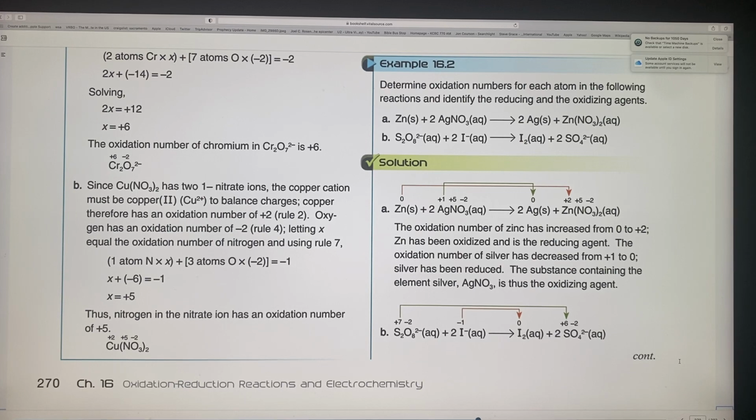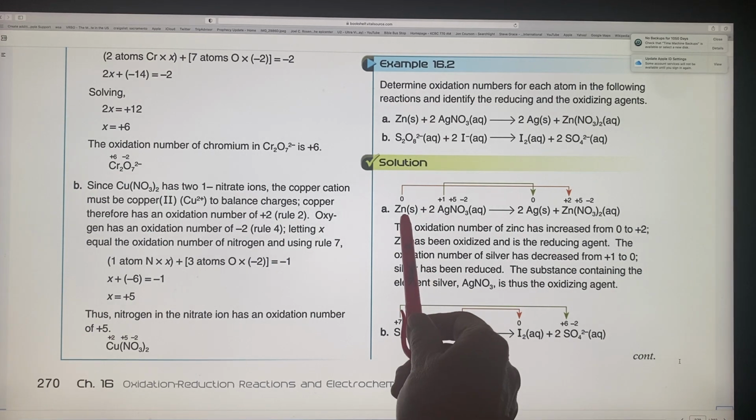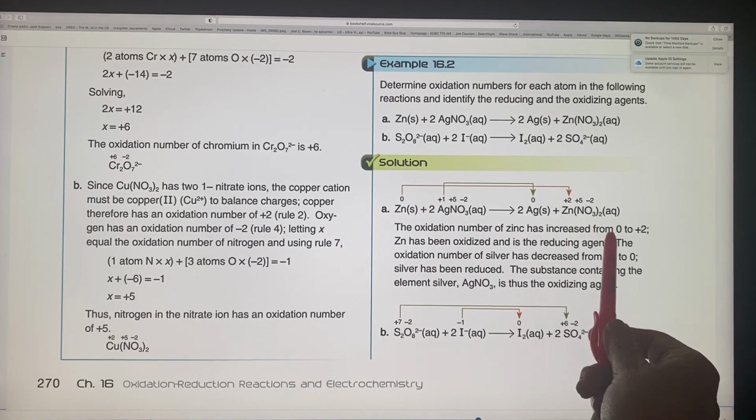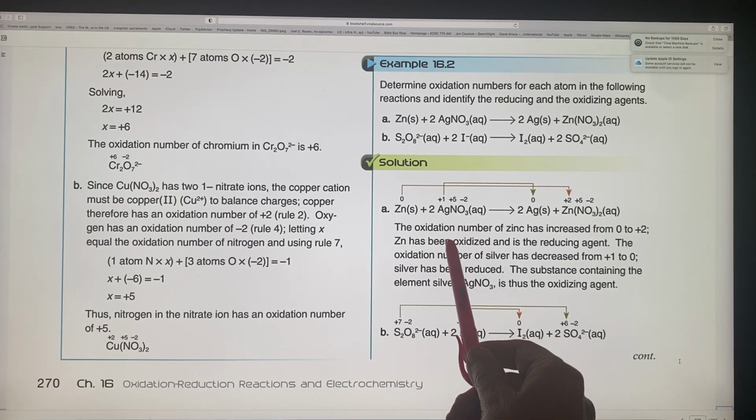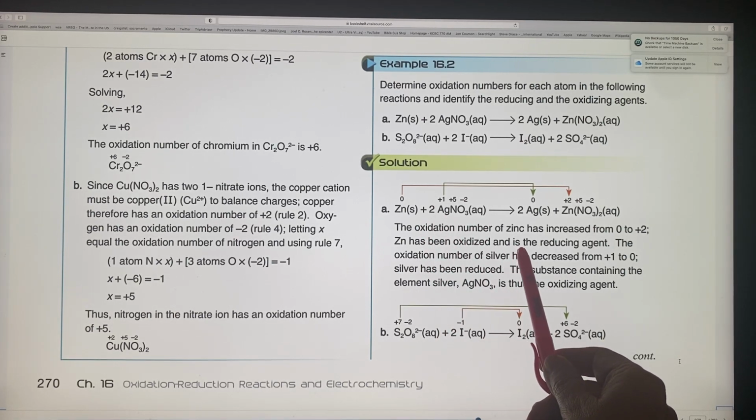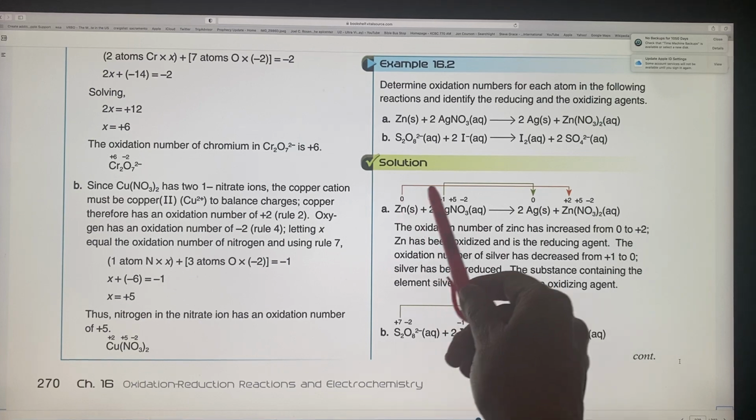So first of all, what do we know here in this one? Let me see how I did this so I can show you how to find the numbers. The oxidation number of zinc has increased. You can see it has increased over here to 2, so it's going under oxidation. Zinc has been oxidized and is the reducing agent.